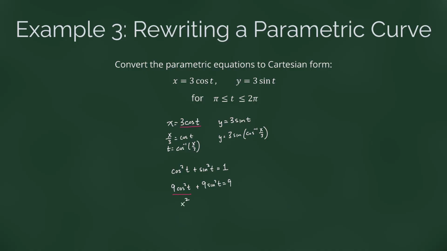Similarly, notice that 9 sine squared of t is (3 sine of t) all squared, so we can write that term as y squared. And so we get that this is x squared plus y squared equals 9. That is Cartesian, and this is a circle with radius 3, and its center is at the origin.